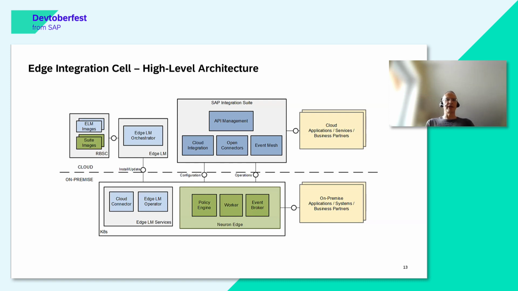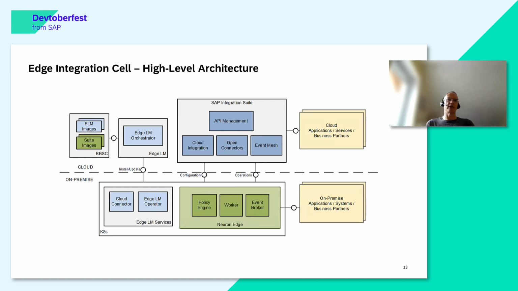Now, for the lifecycle management, what I was talking about, there's a new component provided by our lifecycle management teams, which is called the Edge Lifecycle Management, which was specifically also built for such hybrid integration or such hybrid applications where you have certain parts in cloud and certain parts running on the edge.